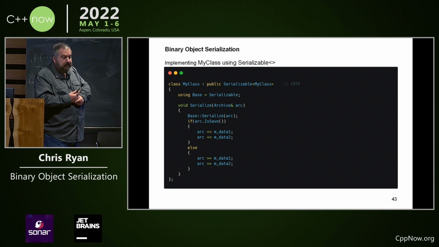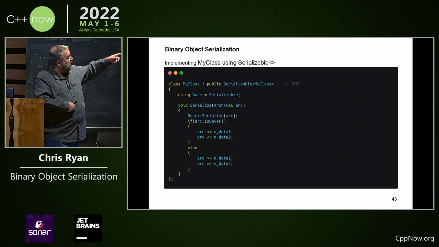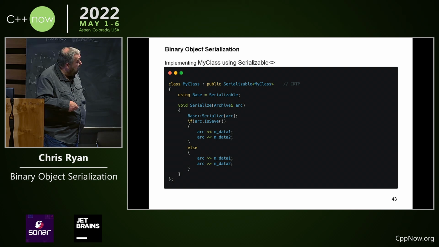Well, two things. First of all, I don't think that actually compiles. I think you have to say serializable of serializable of my class. No. It knows that is an alias because it automatically fills that all in for you. Okay. Do you have to write both versions?